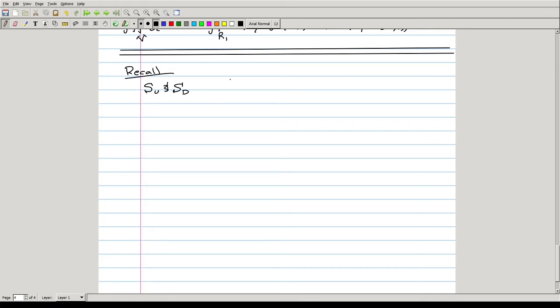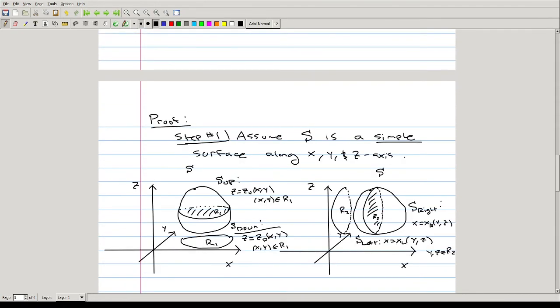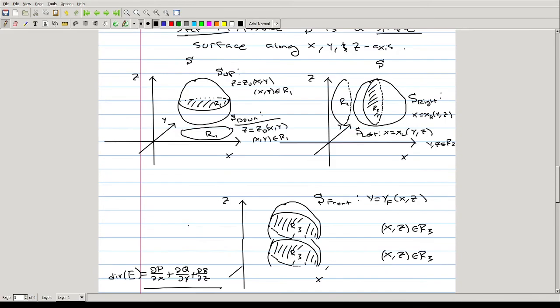For points x, y in R1, our parameterization is of the form r of x comma y is equal to x comma y comma h of x comma y for some function h. For S up, this function is the function zu, and for S down, the function is zd, the bottom of the surface.